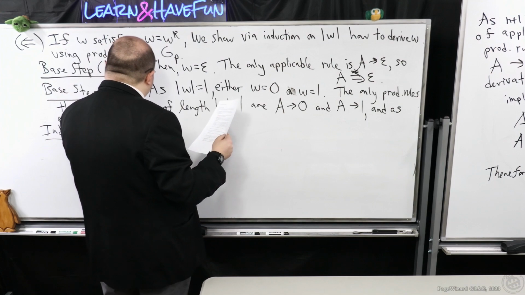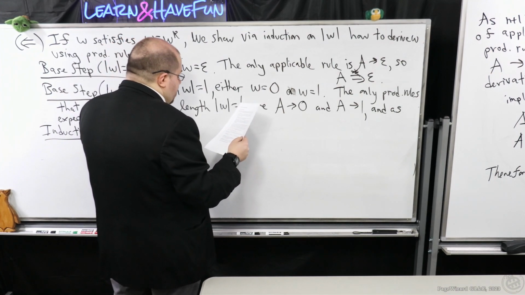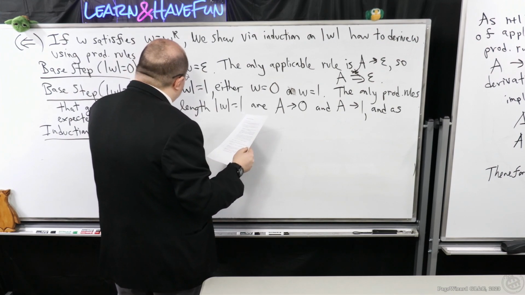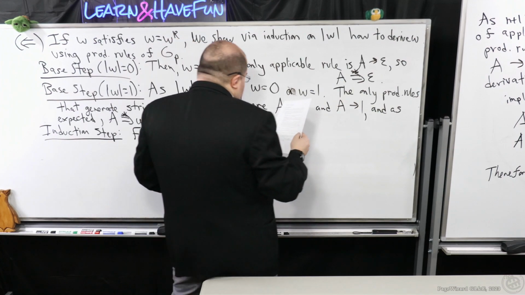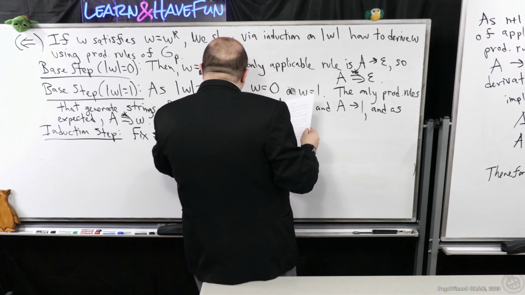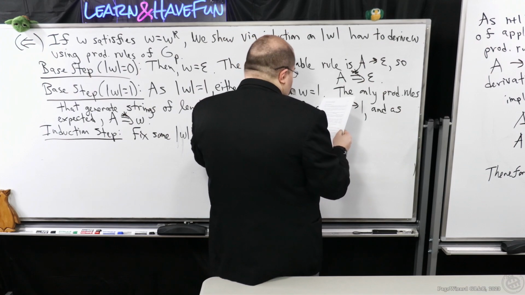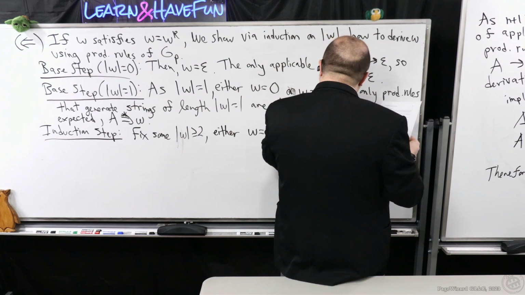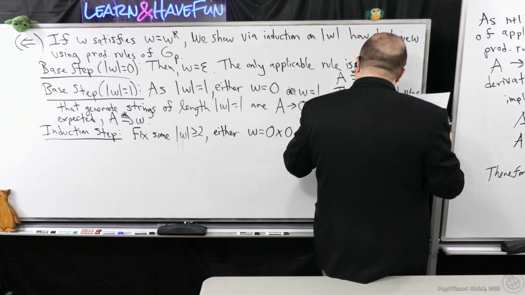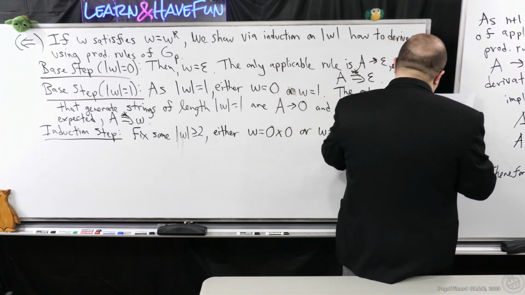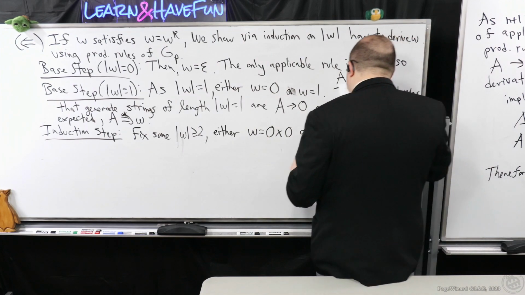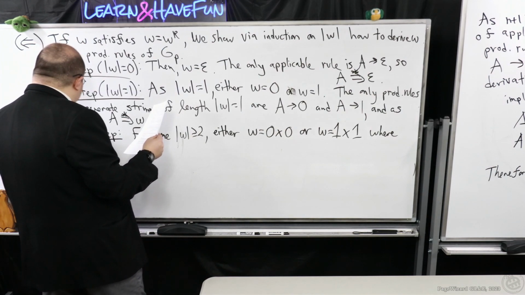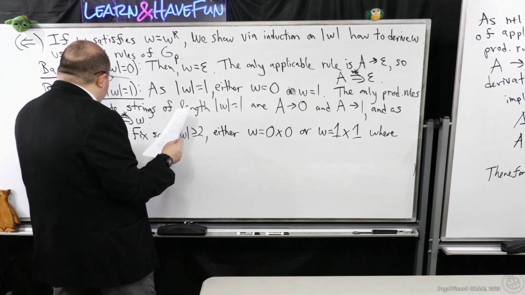So we're going to fix some length of the string to be 2 or more. So that means by definition, either W is going to look like 0x0, or W is going to be 1x1, where the length of x is somewhere between 0 inclusively up to n minus 2.